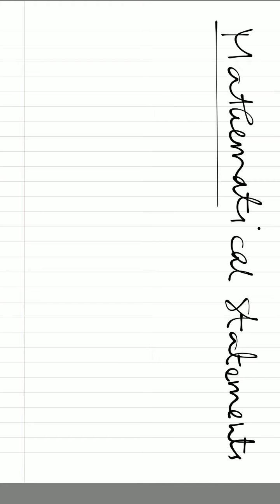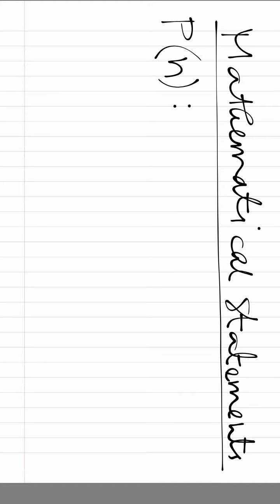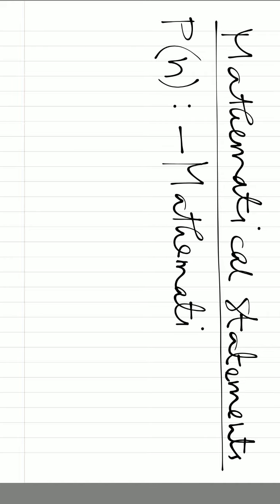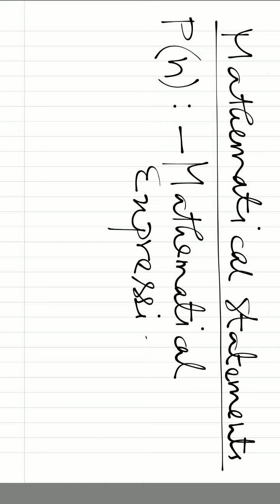So a mathematical statement is usually denoted by Pn, and it is a statement that consists of some mathematical expression. The first thing is this: it will consist of some mathematical expression, and the second thing, it will have a definite state.